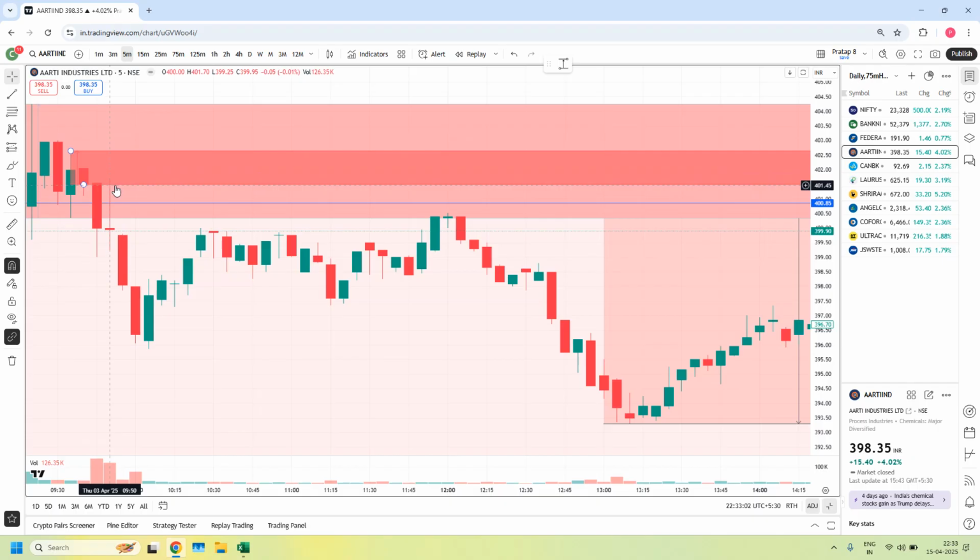Do you remember the zone strength, sluggishness? After the leg out candle, if prices are moving here only, then that is called sluggishness. This is not sluggish, remember. Here prices came sharply and follow through candles came. This is a price action indication that this zone is having a very strong institutional order flow.